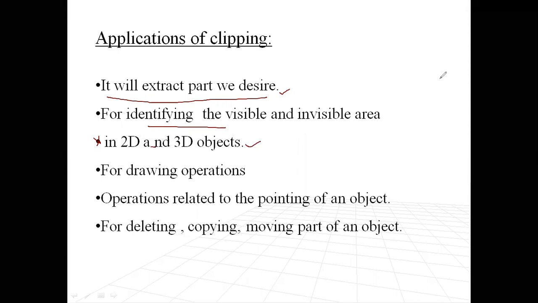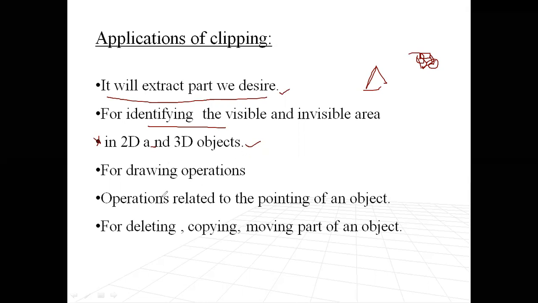So we can easily find the object, whether it is drawn in 2D or it is simply a cube. If you want to operate on or identify some part, it can be done with the help of clipping.